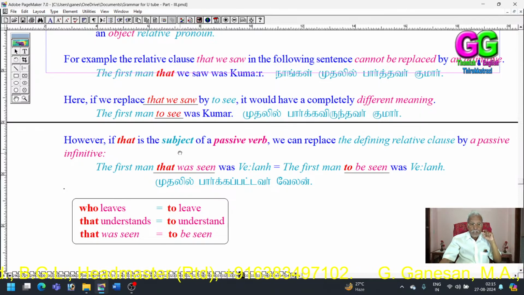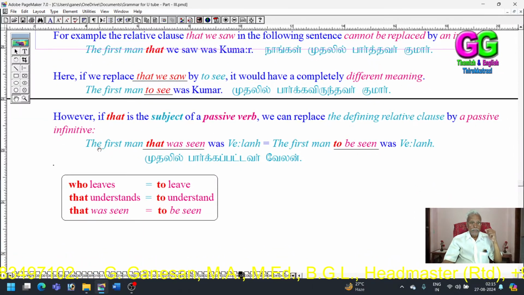If "that" is the subject of a passive verb, we can replace the defining relative clause by a passive infinitive. For example, the first man that was seen was Valen.